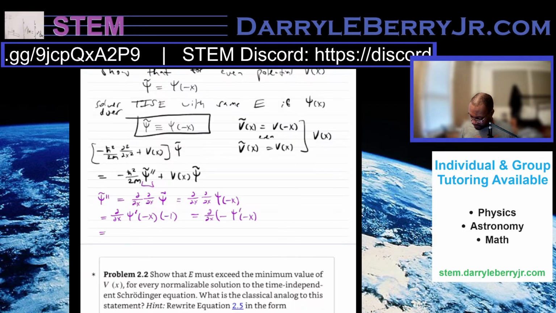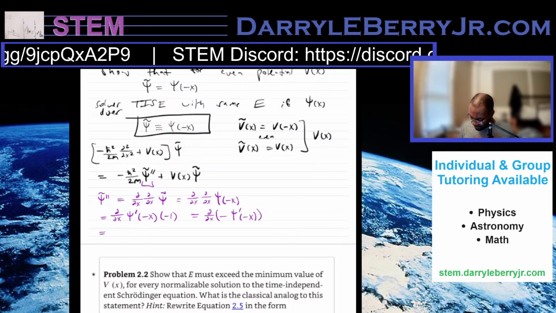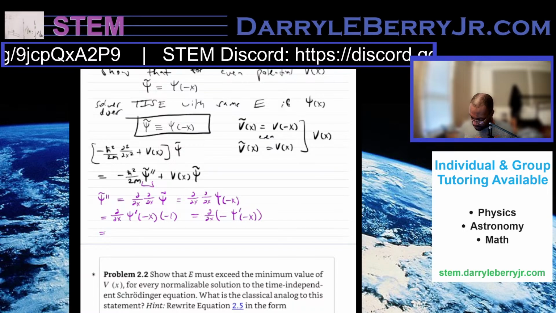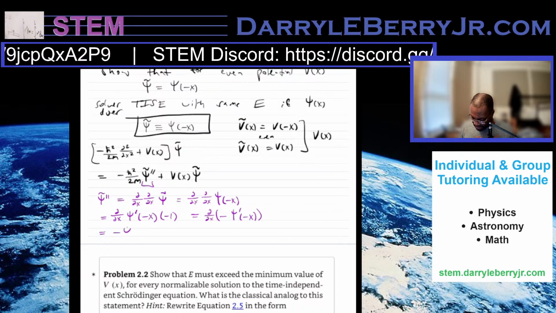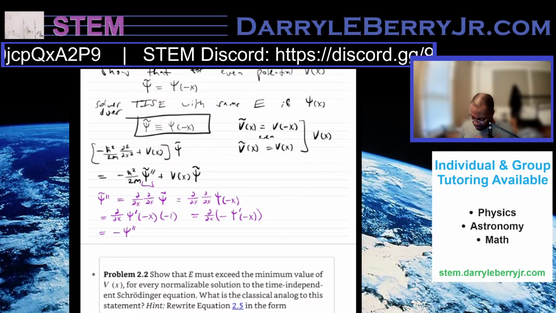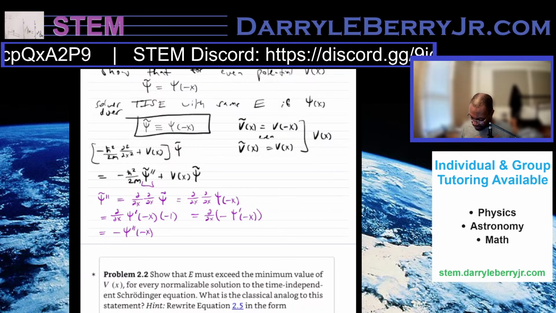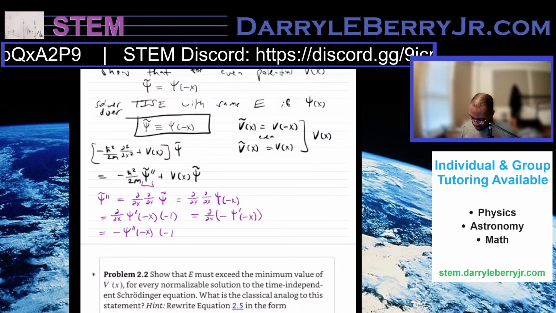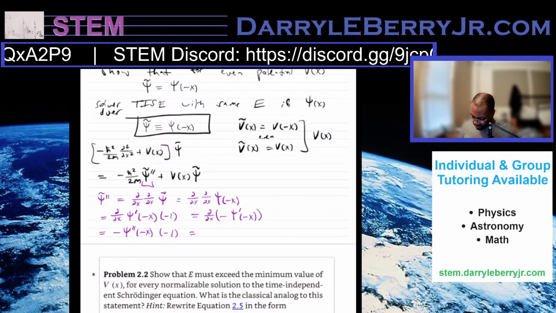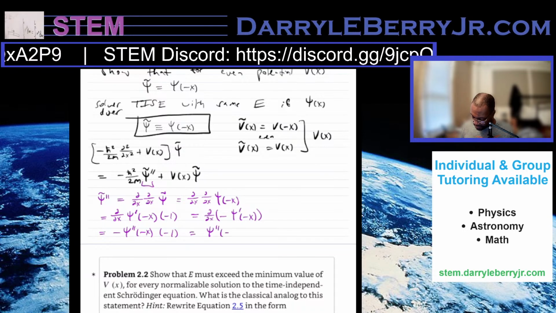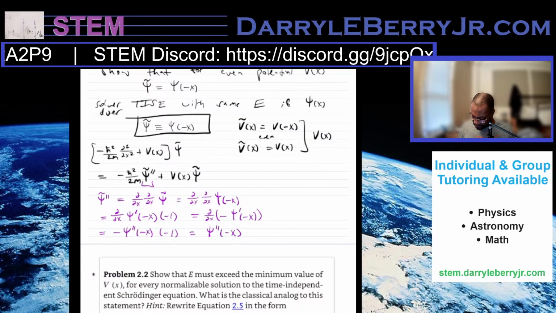If I take another derivative, that's going to be negative psi double prime of negative x. Then I have to multiply by negative 1. So that's going to equal psi double prime of negative x.